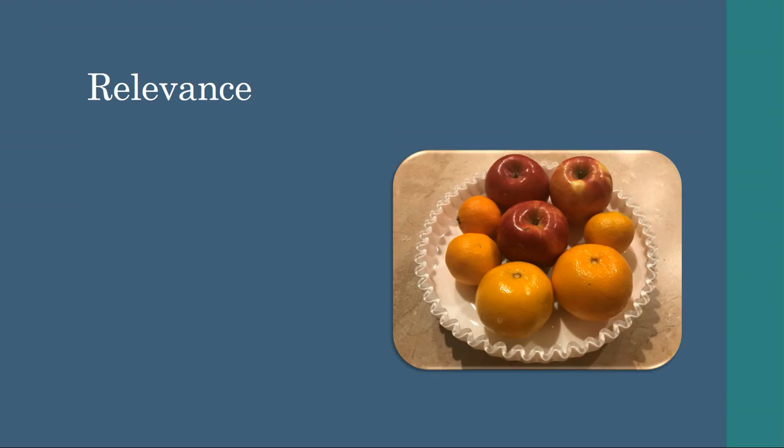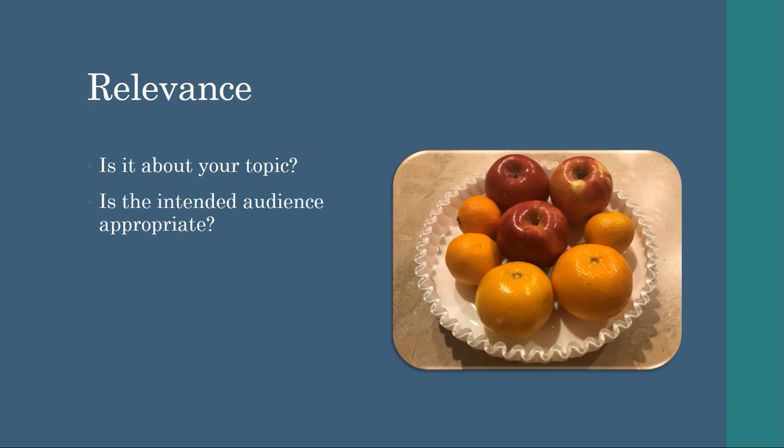R stands for relevance. In the obvious sense, this is looking at whether or not your source is actually about your topic. You don't want to compare apples to oranges. You also don't want to take information out of context. Another aspect of relevance that isn't as obvious deals with the intended audience.